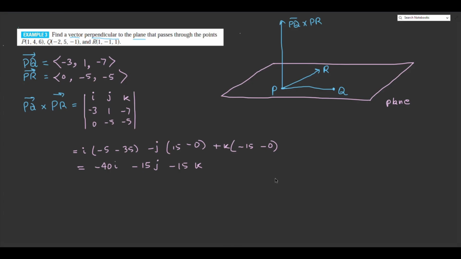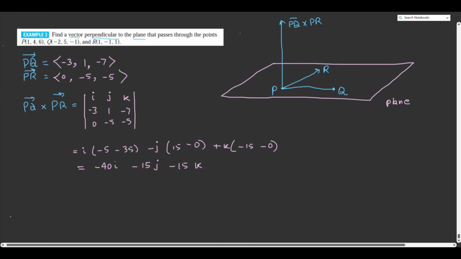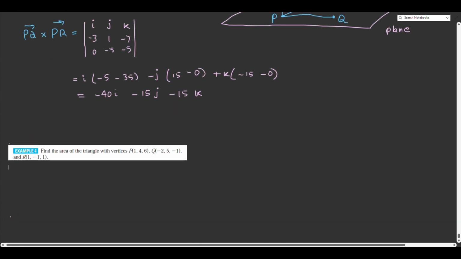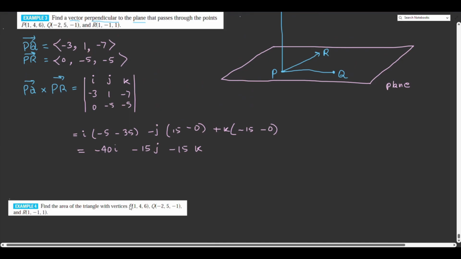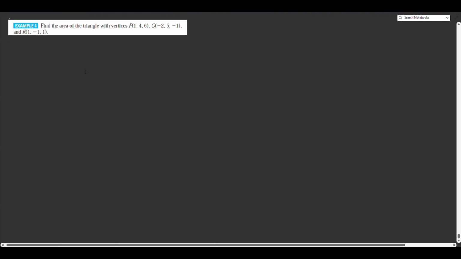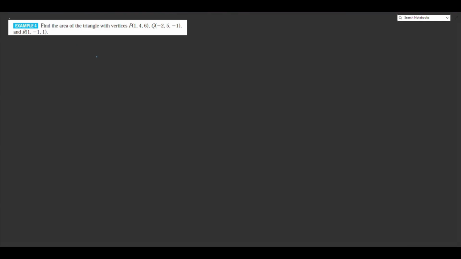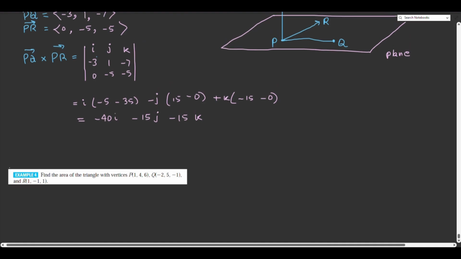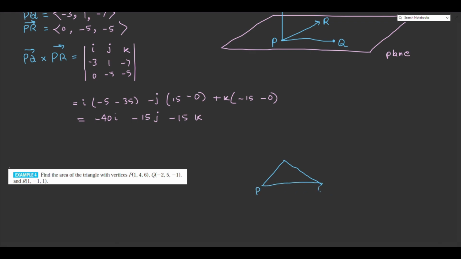In the next question we have the same points P, Q and R. What he says is that we need to find the area of the triangle with the vertices P, Q and R. Suppose this is the point P, this is the point Q, and R. What is the question?